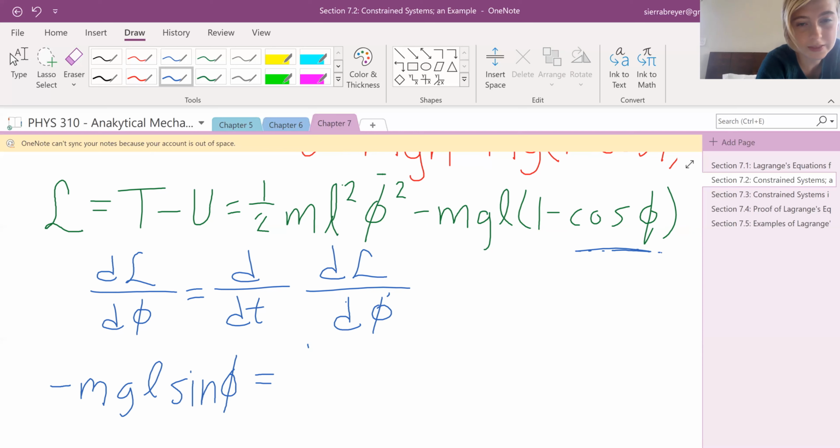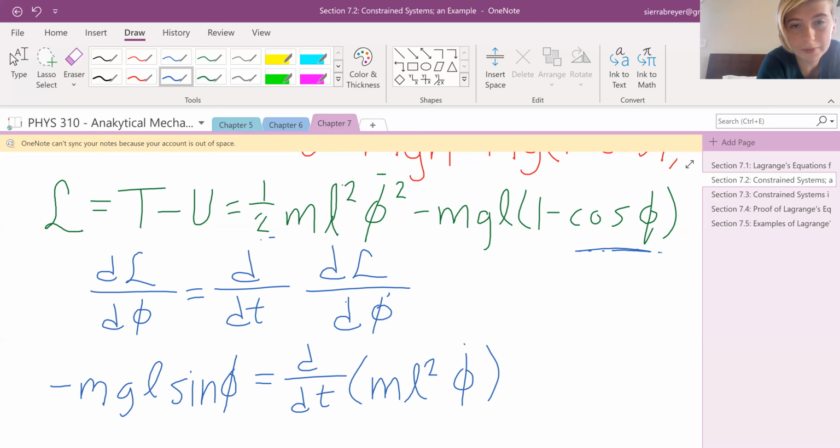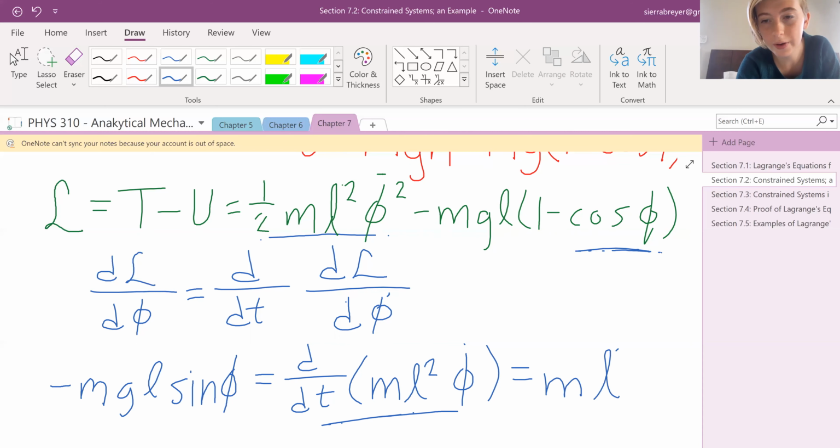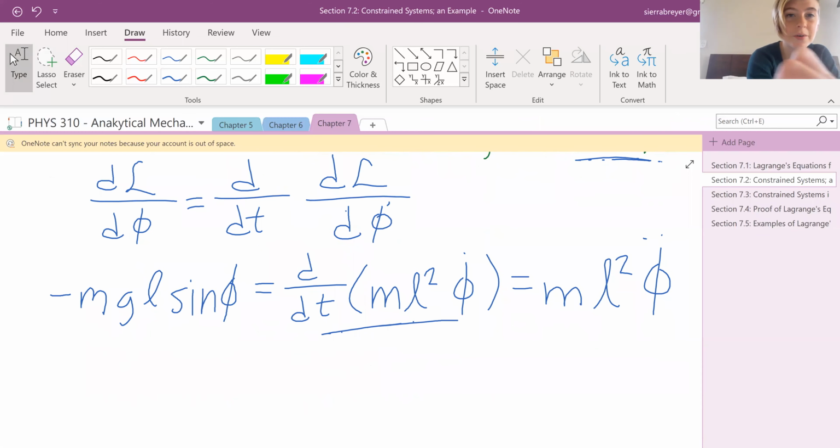And then we get the time derivative of ml squared theta dot, which we get from this component right here. Once we take the time derivative of this, we see that it is equal to ml squared theta double dot. So this combined with this is our equation of motion for the pendulum.